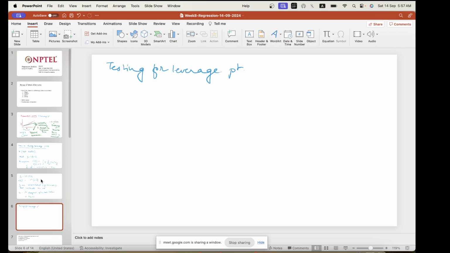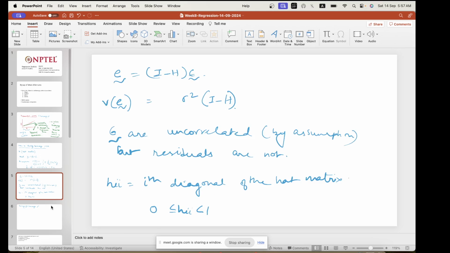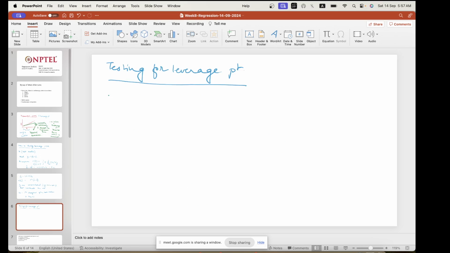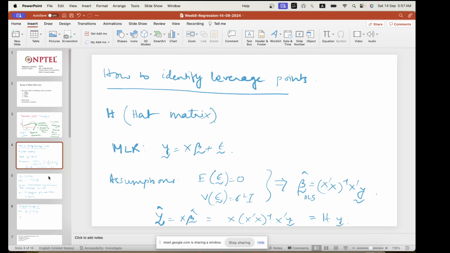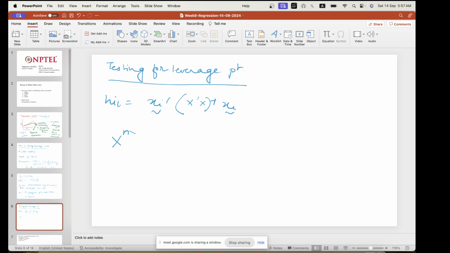Since HII is the ith diagonal of the hat matrix, what does it essentially mean? HII is actually xi prime (X prime X) inverse xi. The X matrix that we were talking about is an n cross k matrix.